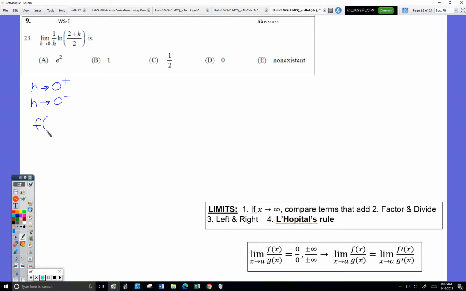Again, it's f of h, and then the bottom is going to be g of h. What would I consider to be f, and what would I consider to be g? I've got to create a fraction somehow. There we go. Just wait a few more seconds.